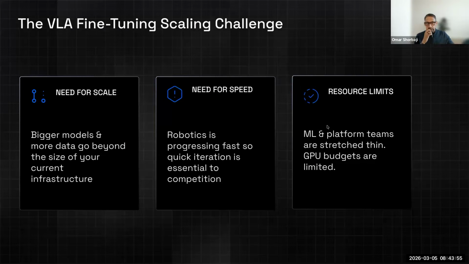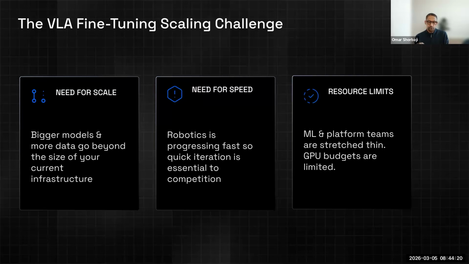So let's get started. First, what is the challenge really, stepping back? The first challenge comes from a need for scale. These VLA models are already bigger than the classical perception or planning models that you've been working on. And they also open up more data for training.